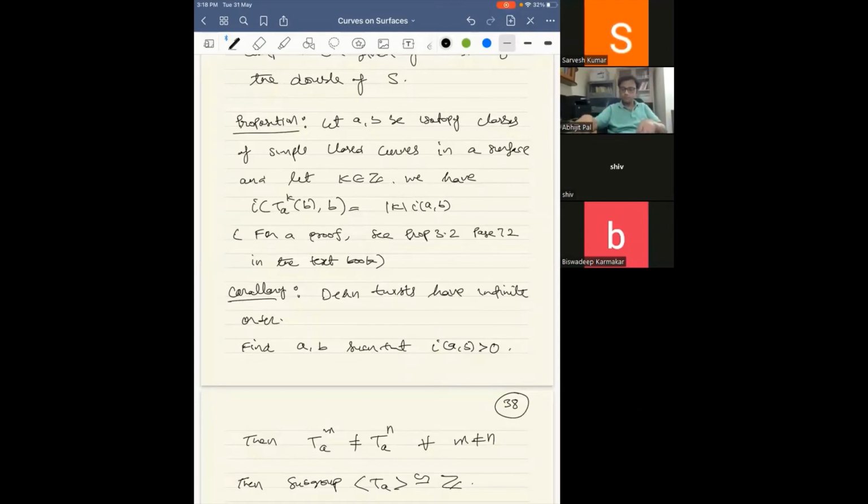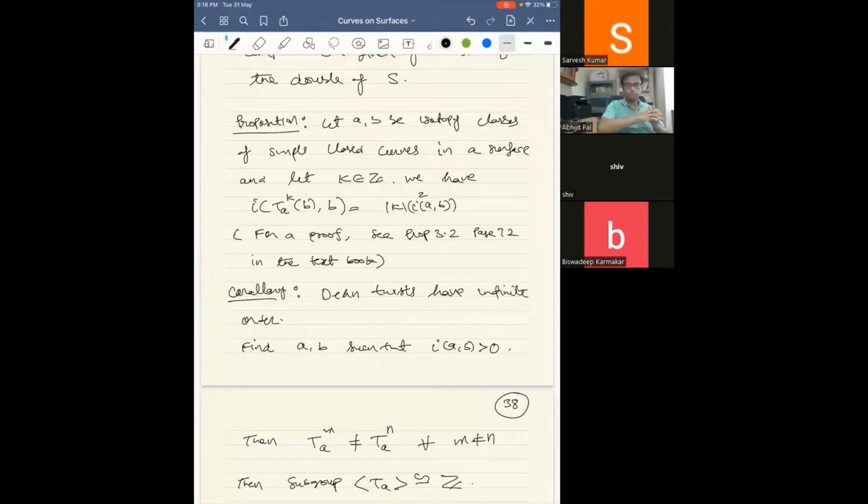Let A, B be two isotopy classes of simple closed curves, and k be any integer. Then what is the intersection number of the kth power of T_A acting upon B, with B? I think I missed a square somewhere, so this should be square. So this is mod k times the intersection number of A, B, whole square.